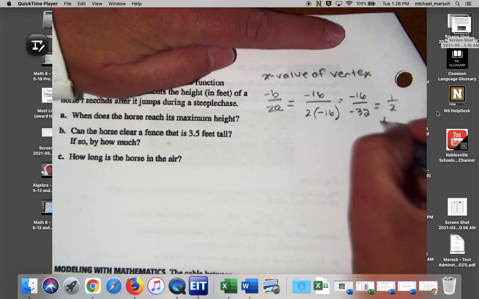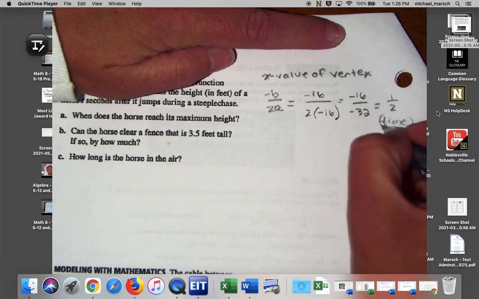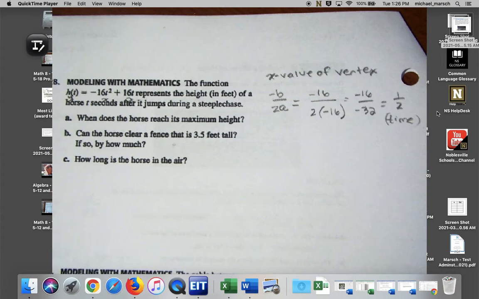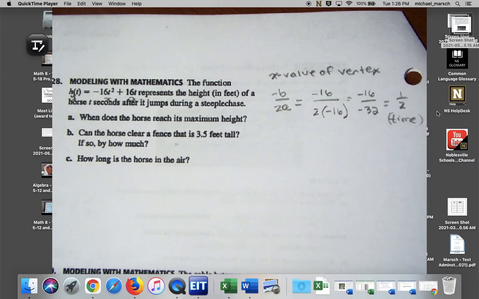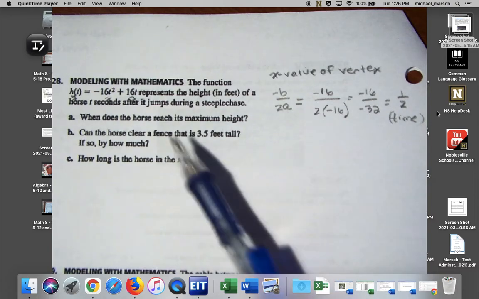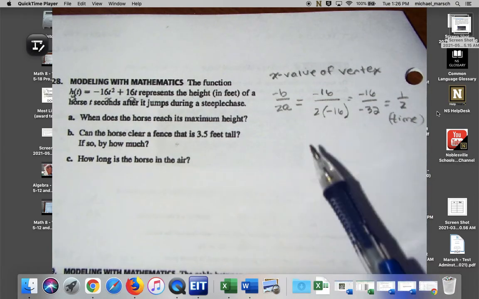And this is the time, right? So is this half a second? So 1/2 a second. One of the questions is, when does the horse reach its maximum height? This is the vertex. That's the highest point, so it's going to be 1/2 a second to get to its maximum height. But now we need to figure out what the maximum height is.